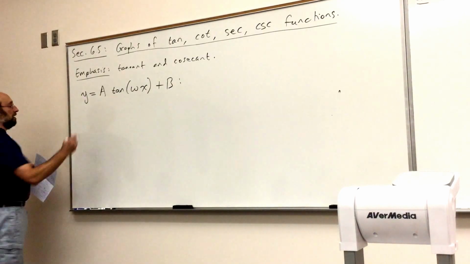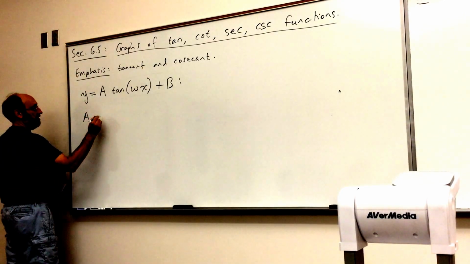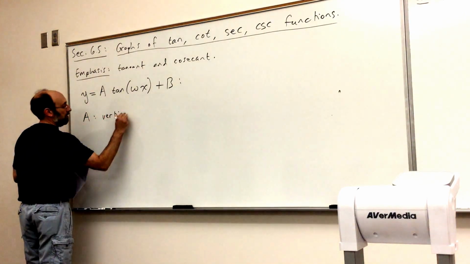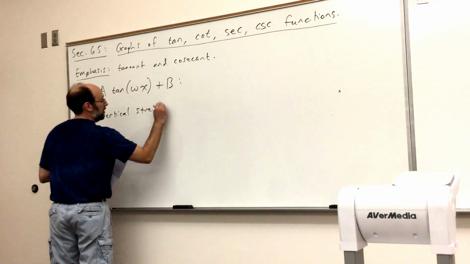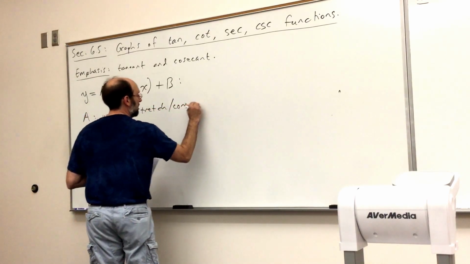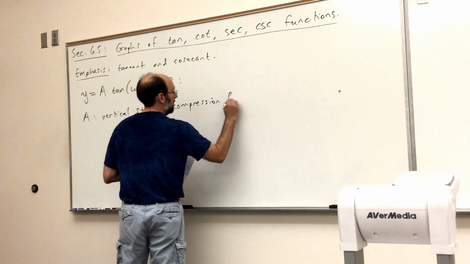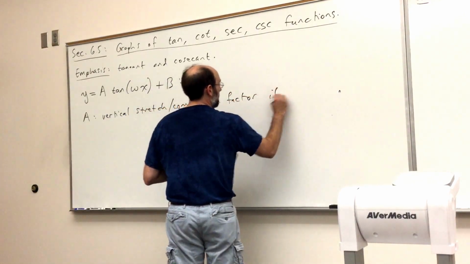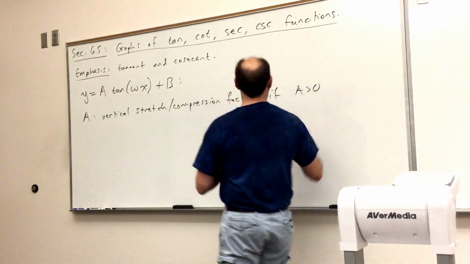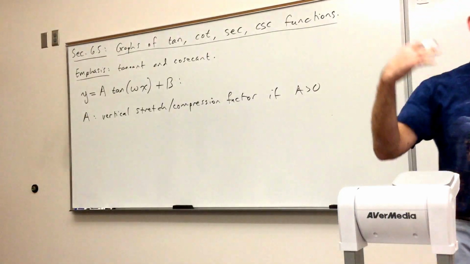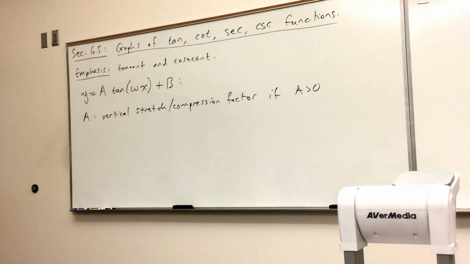So A is a vertical stretch or compression factor. In addition, you're going to get a reflection over the x-axis if A is less than 0.